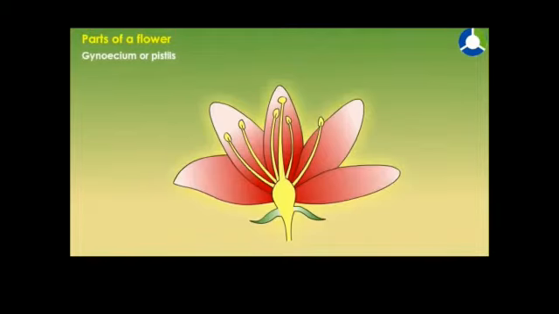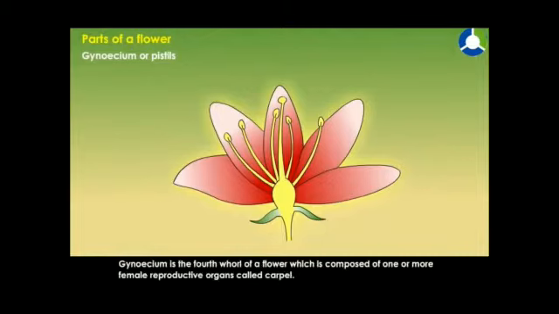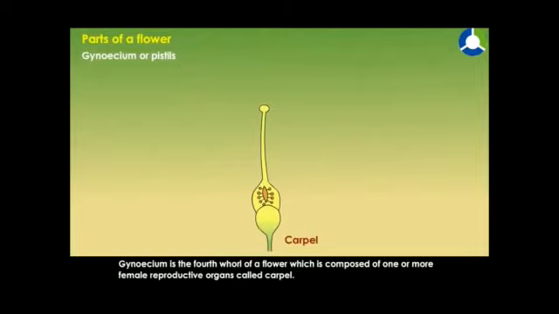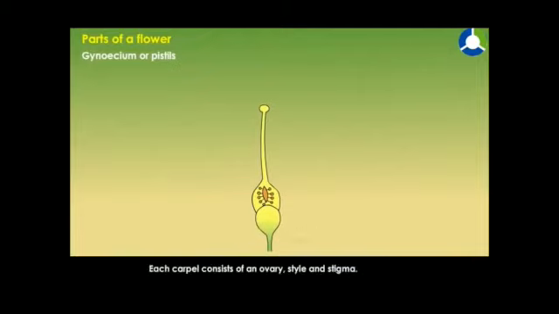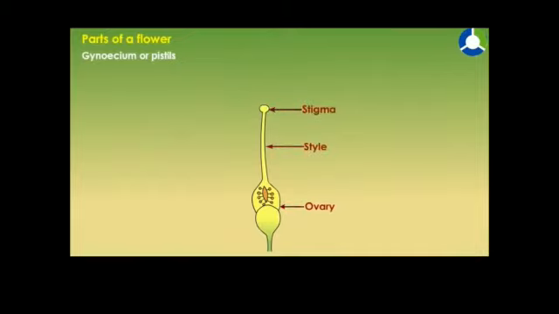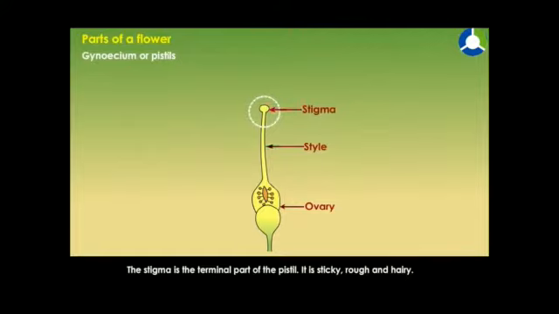Gynecium or pistils. Gynecium is the fourth whorl of a flower which is composed of one or more female reproductive organs called carpel. Each carpel consists of an ovary, style, and stigma. The stigma is the terminal part of the pistil. It is sticky, rough, and hairy. Stigma is meant for receiving pollen grains during pollination.